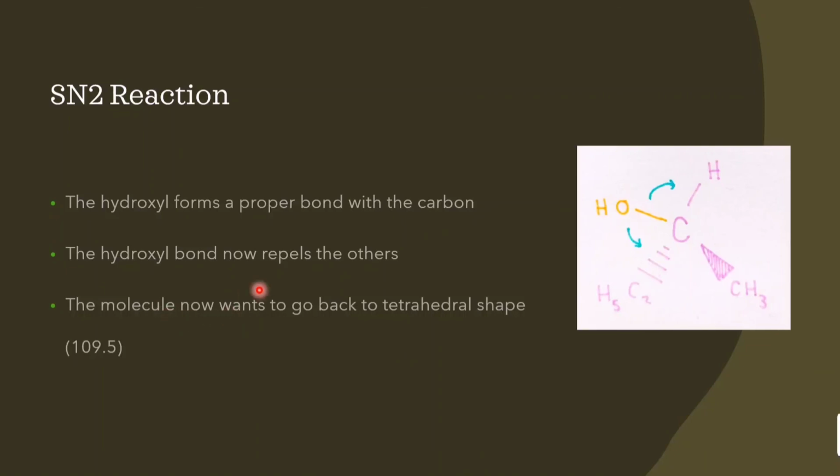So now our molecule wants to go back to its tetrahedral shape. So it wants to get back to this 109.5 bond angle. So in our transition state, it was trigonal planar because it had 2 partial bonds, but now it's formed a proper bond. It wants to go back to this tetrahedral shape.